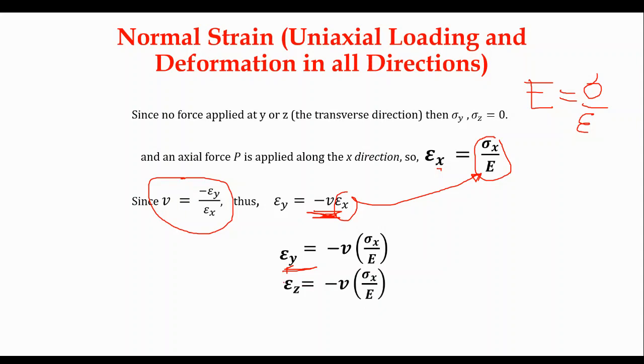Sa z pod, negative Poisson's ratio times the stress in x over elasticity. So ito yun. We can actually solve the strain in all other directions maski ang given lang is stress ni x. Kasi nga in this topic yun ni axial loading pata, isa lang ka-direction of load. Okay, next.